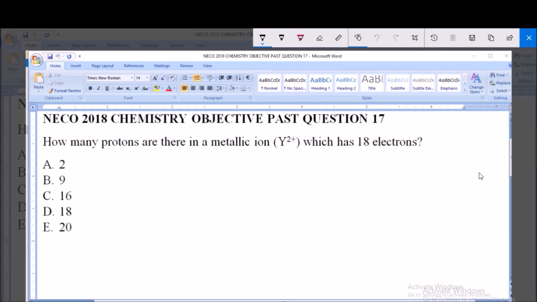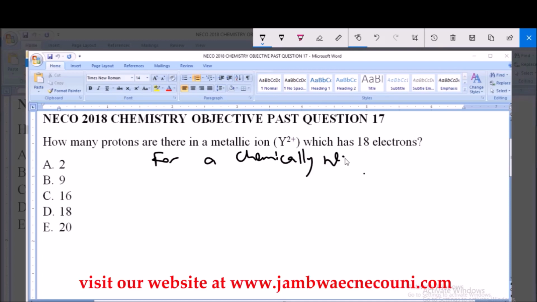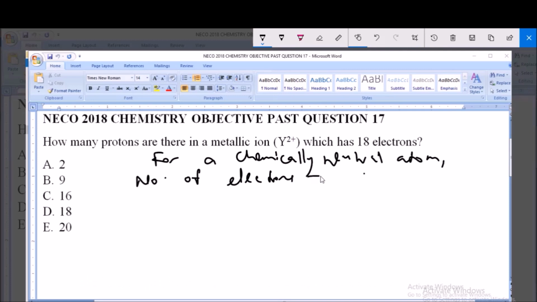How many protons are there in a metallic ion Y2+, which has 18 electrons? A 2, B 9, C 16, D 18, E 20. So in order to solve this question, you say for a chemically neutral atom, the number of electrons will be equal to the number of protons.